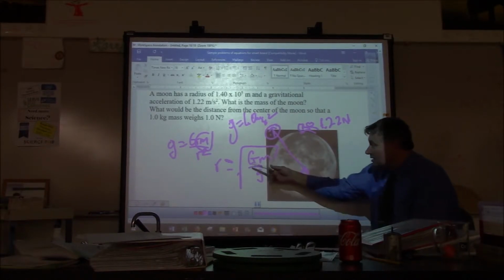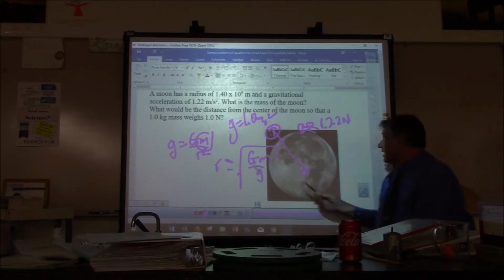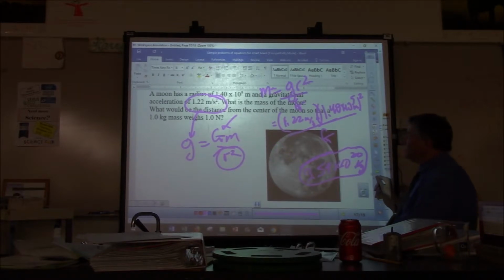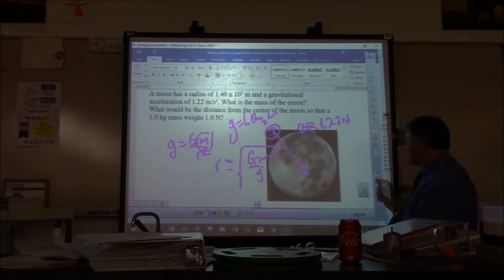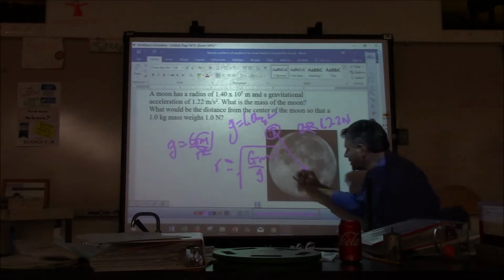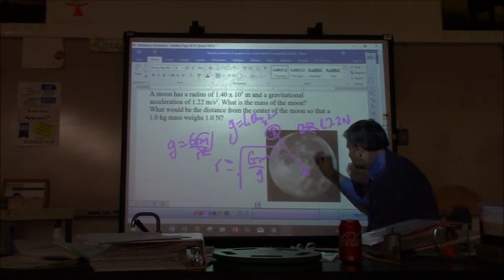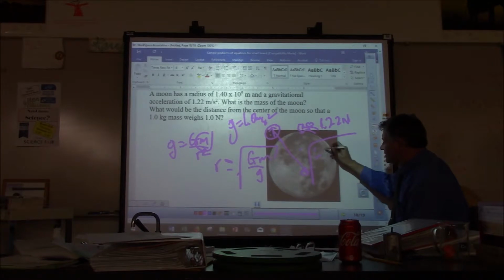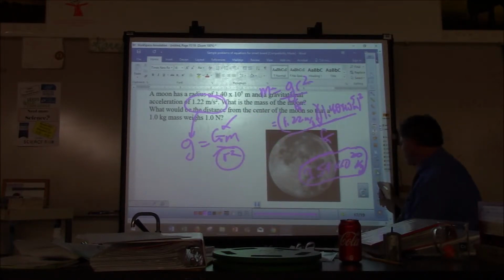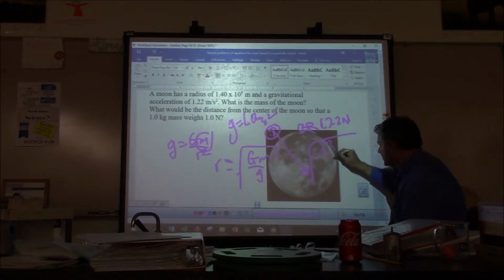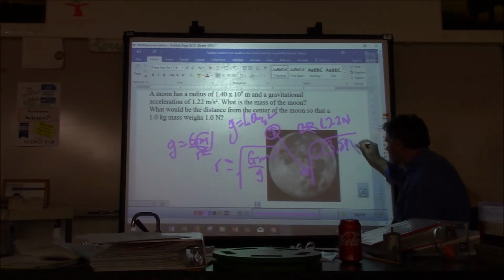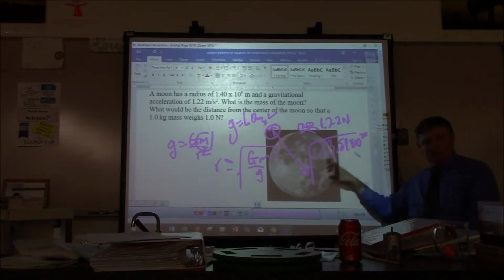So you got big G, what do we get for the mass? 3.59 times 10 to the 20th. So I've got big G, and that mass from the last problem, 3.59 times 10 to the 20th.